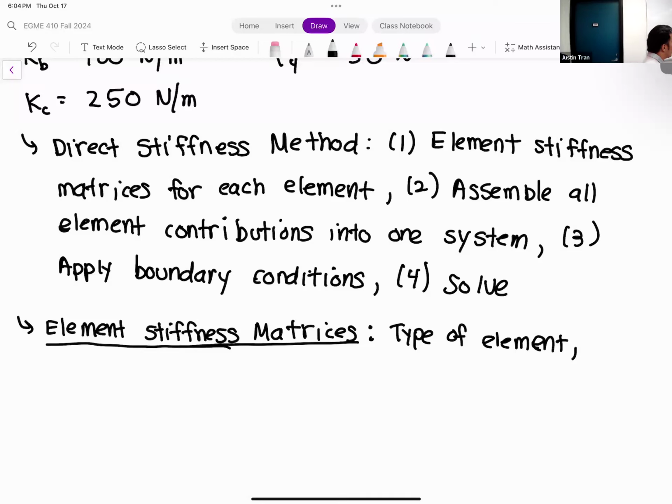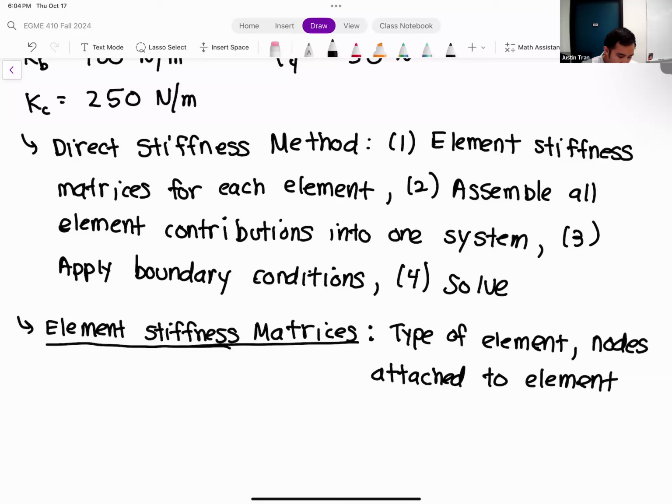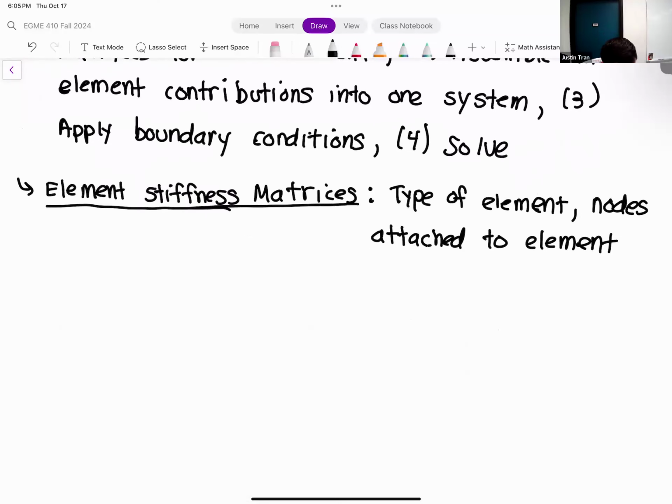But the more important thing for the element stiffness matrix is to make note of the nodes that it's attached to. Okay, so let's go ahead and start.